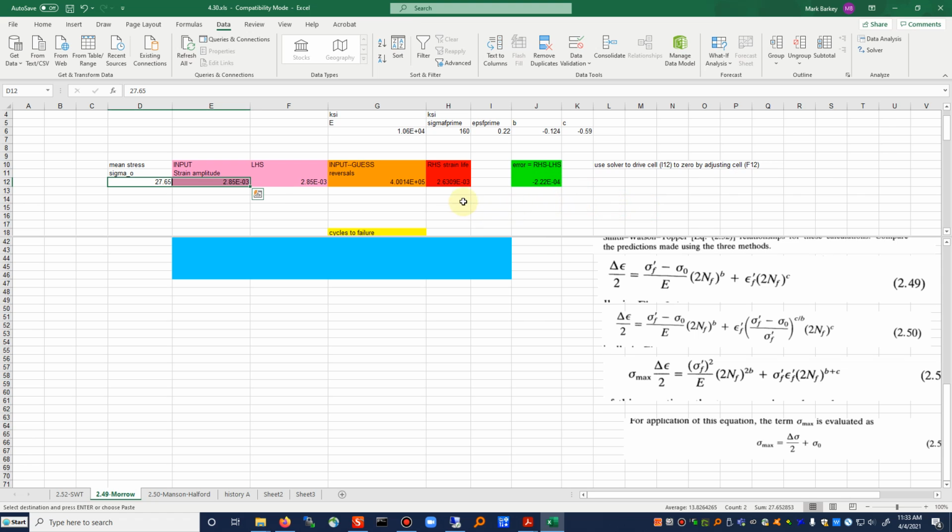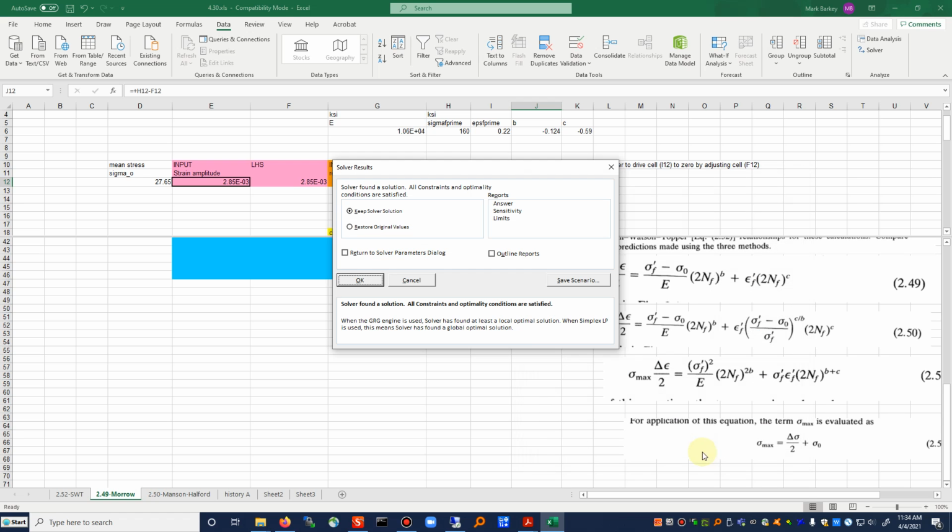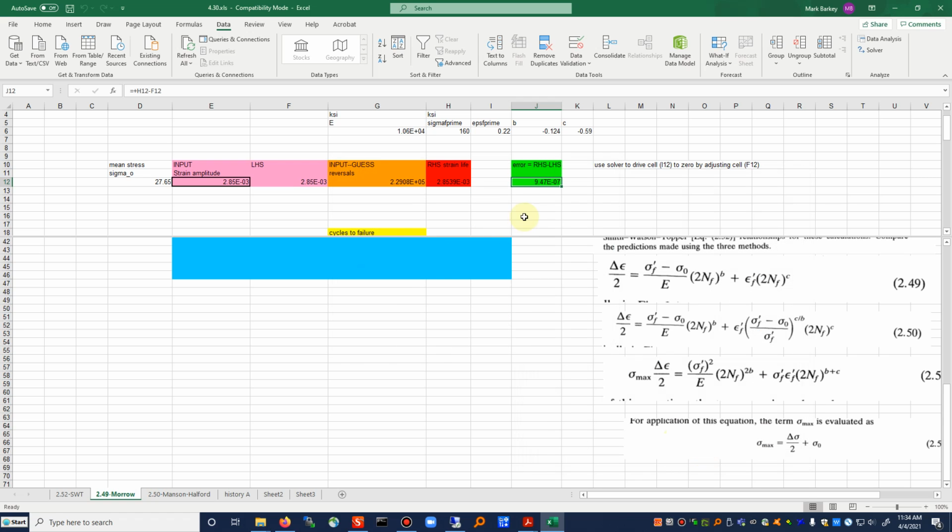We're going to use the solver to drive this error term to 0 by changing this cell. I think that's as close as we're going to get.